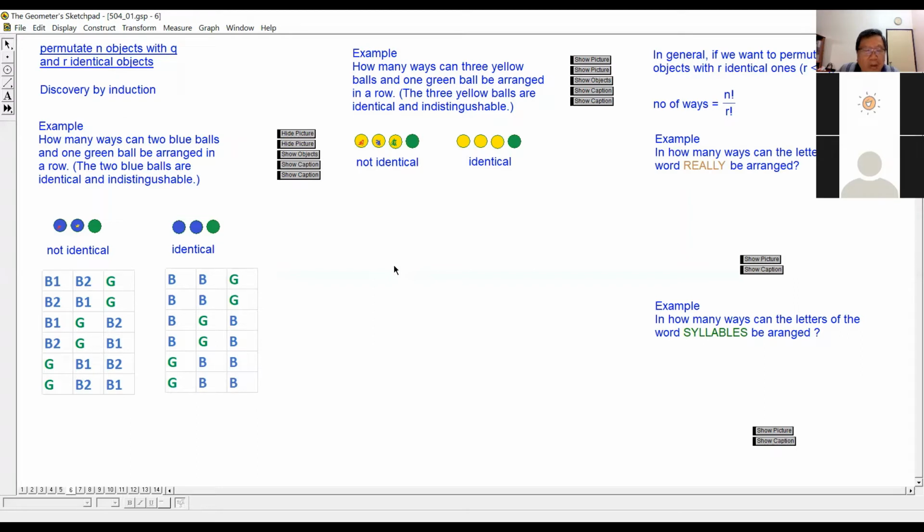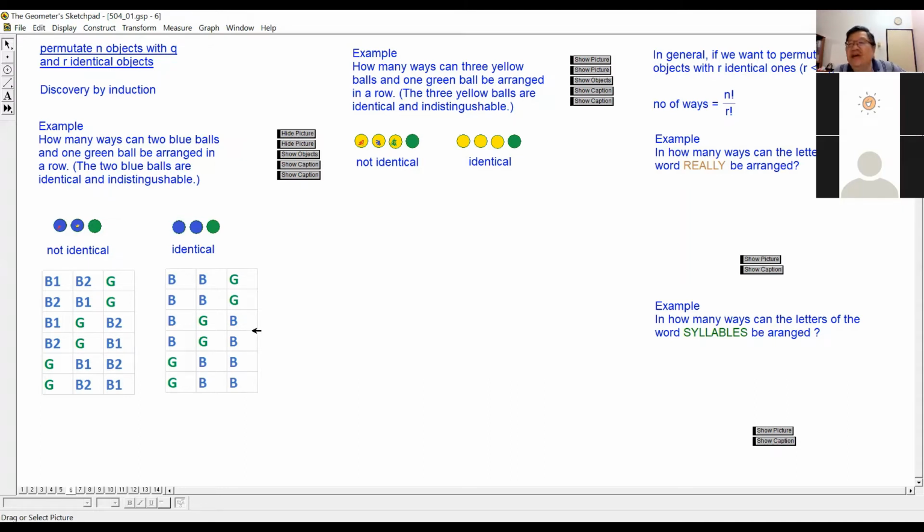Now I look at the second one, B1, G, B2. When I remove the 1 and 2, it's BGB, right? Now, when I remove the 2 and the 1 here, it's BGB also. Earlier on, when they are not identical, they are two different ways. But when they are identical, both become BGB, BGB. This is not considered two ways.